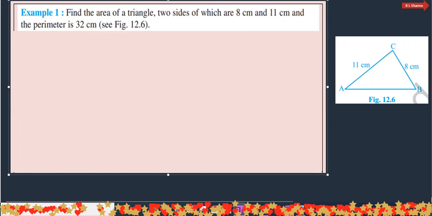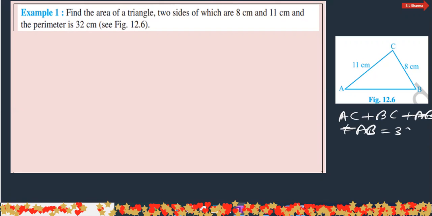So it is given here, AC plus BC plus AB, that is 32 centimeter. So 11 plus 8 plus AB is 32.